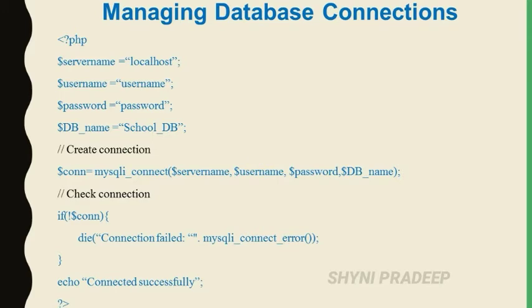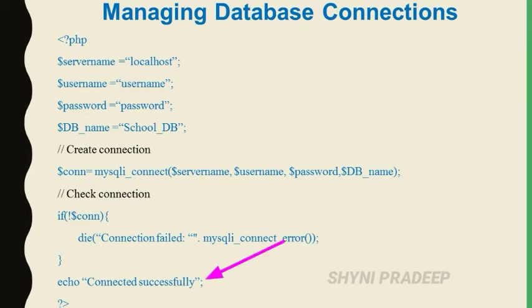If you want to check whether the database is connected properly or not, you have to write like this: if not connected, die with connection failed, otherwise echo connected successfully. Here the exclamation symbol means not. If not connected, it will return connection failed, otherwise it returns connected successfully.